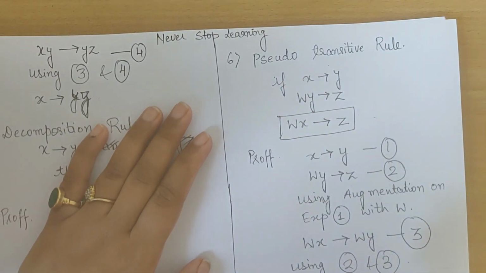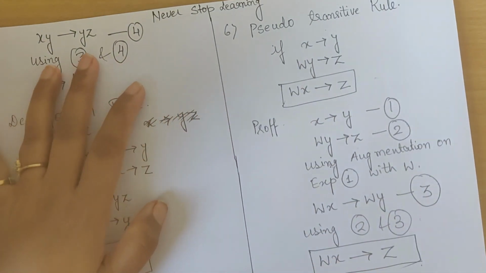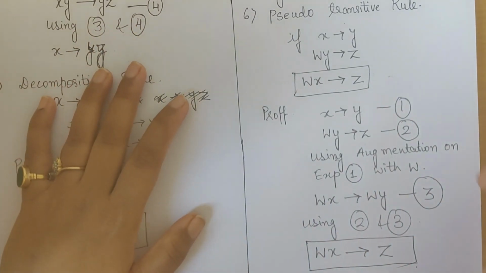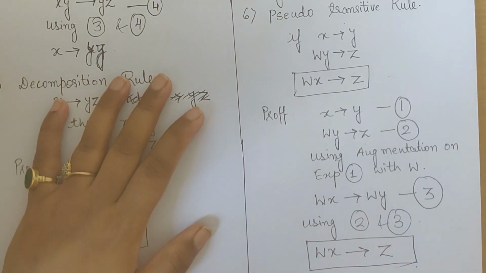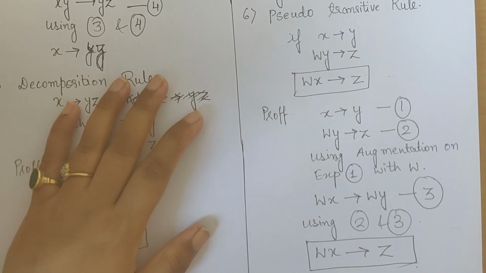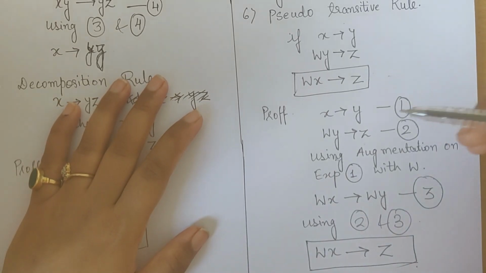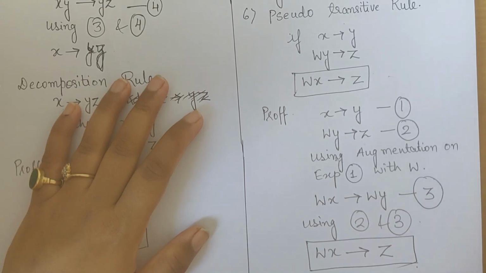Hence proved: applying augmentation and transitivity, WX will determine Z. So these were your Armstrong axioms, the inference rules, which we are going to use in further normalization. I hope this topic is clear to you. Thank you.